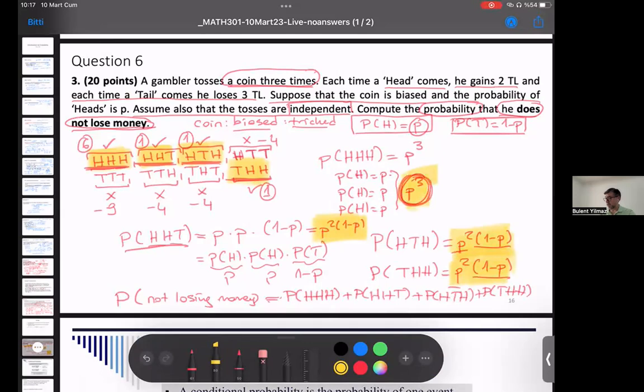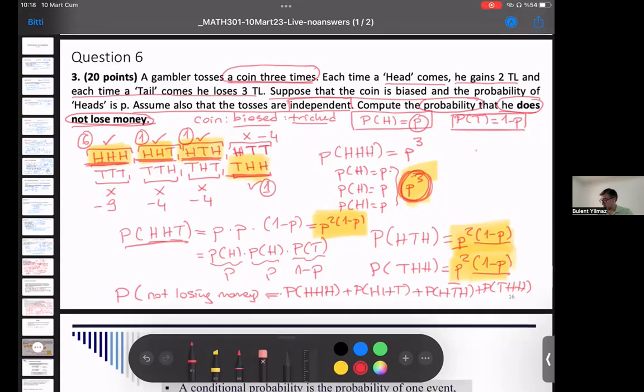So finally, P cubed plus 3P squared times 1 minus P. And this is going to be the final answer. Is this clear, guys? Yes, hocam.